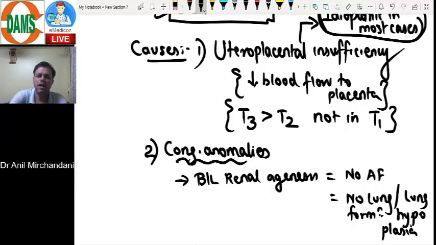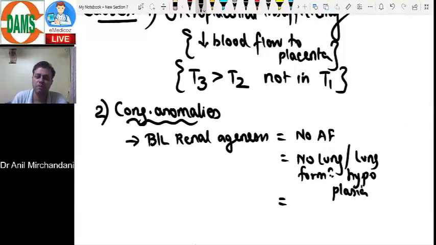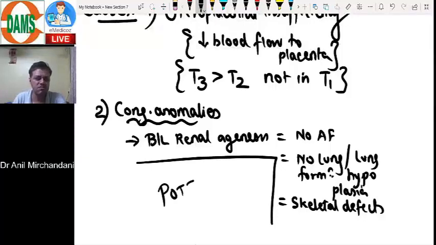In bilateral renal agenesis, no lung formation would be there because amniotic fluid is not there. There will be skeletal deformities. So there would be skeletal defects, lung hypoplasia, renal agenesis. This condition is called Potter's syndrome.